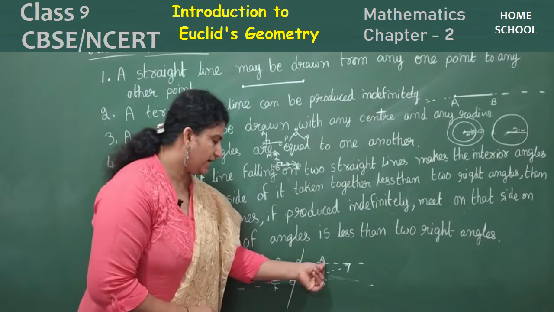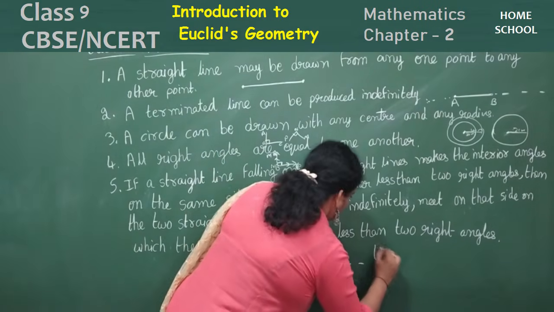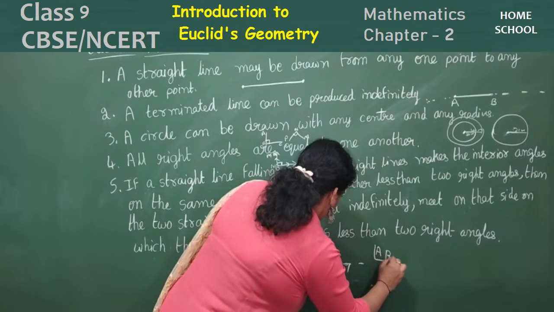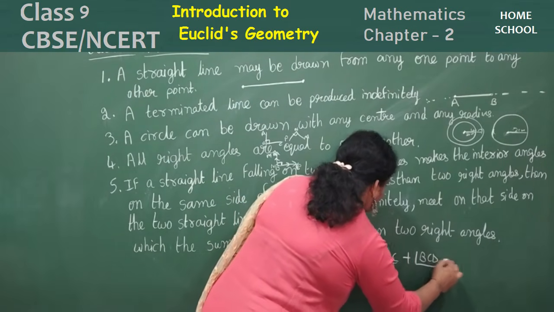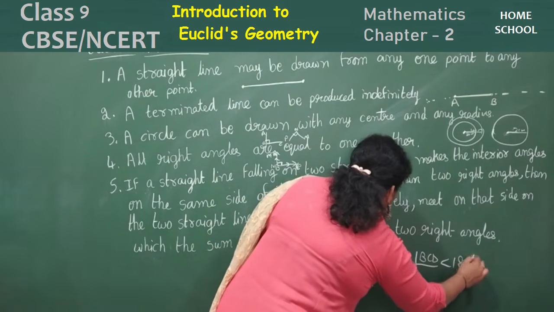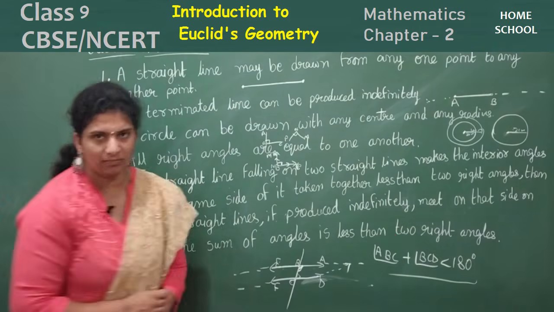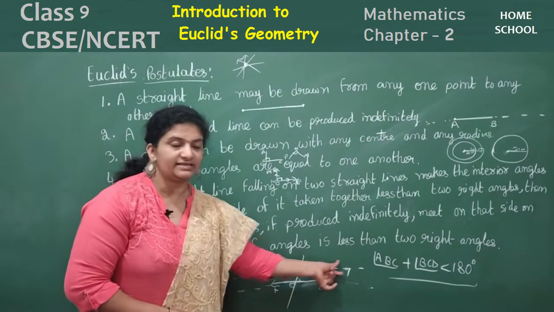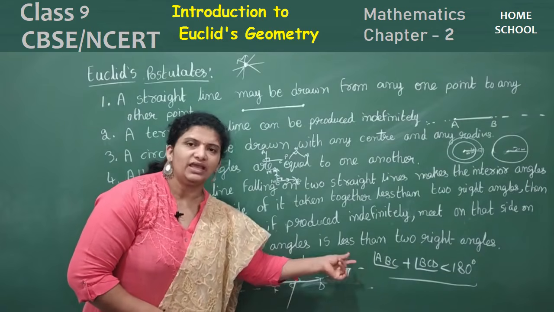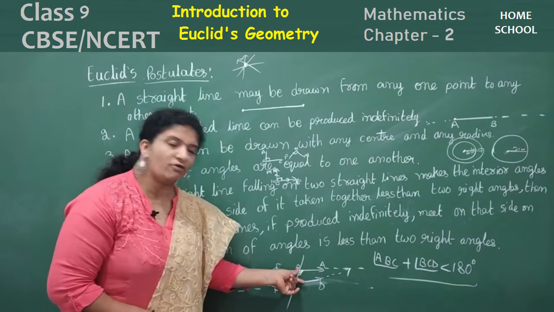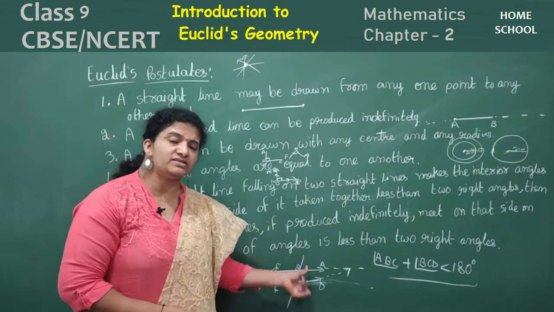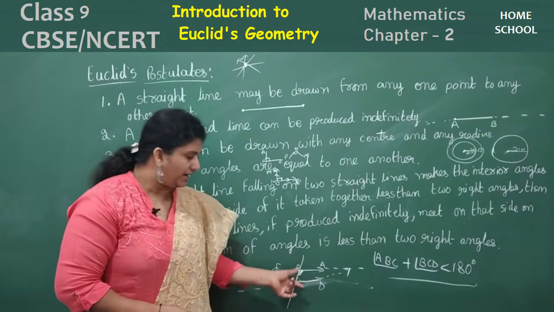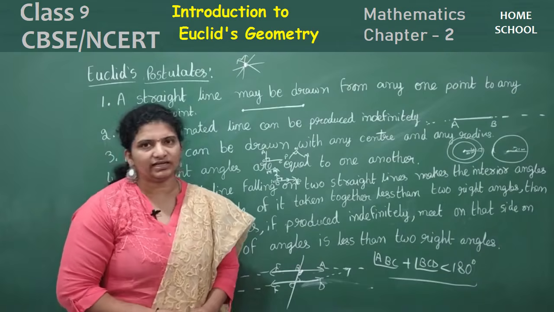So what can you say here? Angle ABC plus angle BCD is less than 180 degrees is your statement. So if these lines are extended, they are going to meet. If they meet, then the sum of the angles will be 180. If they won't meet, what happens? Then the lines will be parallel and their sum will be 180 degrees.